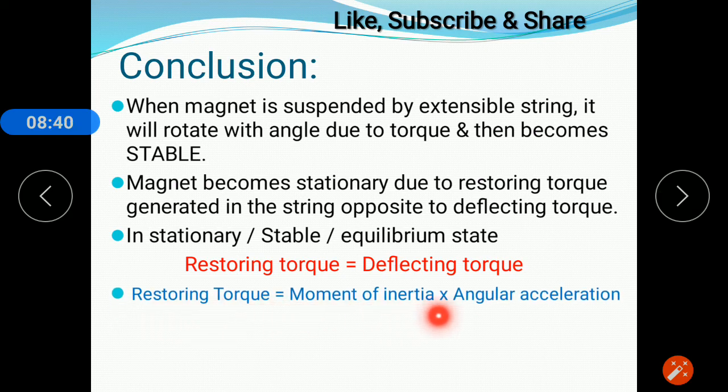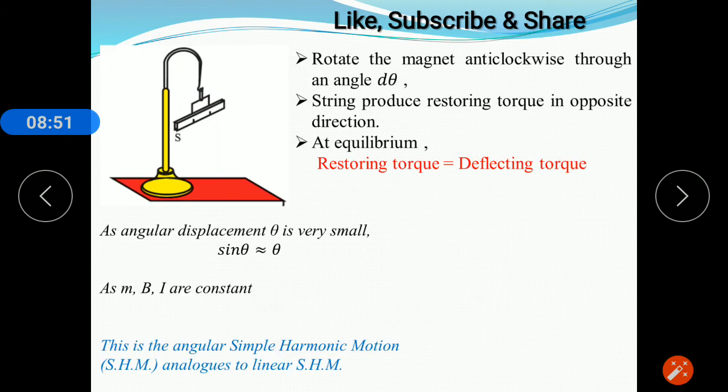What is the restoring torque? It is moment of inertia times angular acceleration, I d square theta by dt square. This equation you will study in the mechanics part. If I want to rotate a bar magnet by an angle d theta, the string produces a restoring torque exactly in the opposite direction.